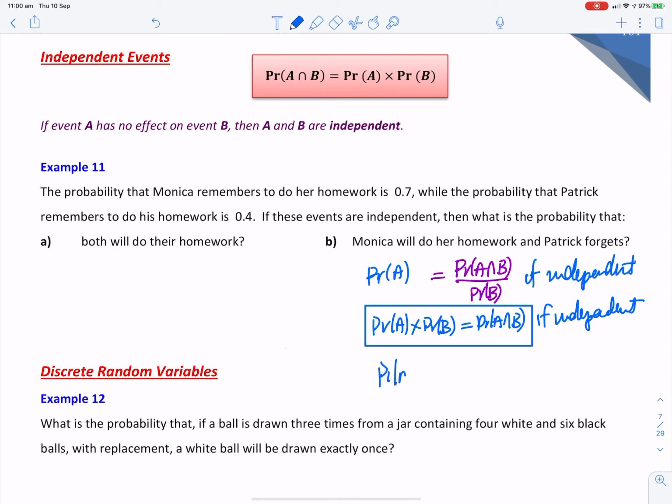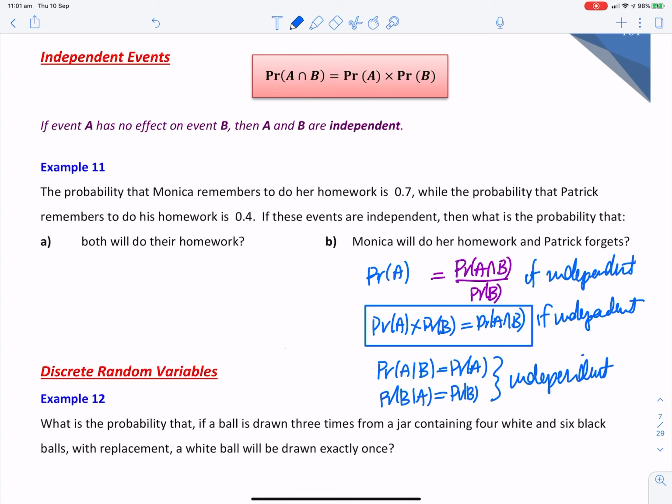Also, if the probability of A, given that B has occurred, is the probability of A, or the probability of B given that A has occurred is the probability of B, then we also know they're independent. Independence means one thing doesn't affect the other.